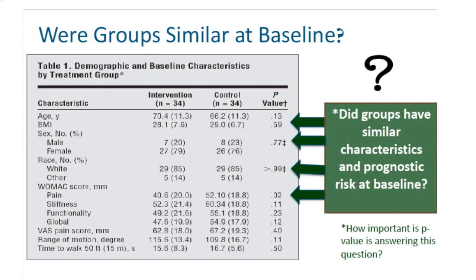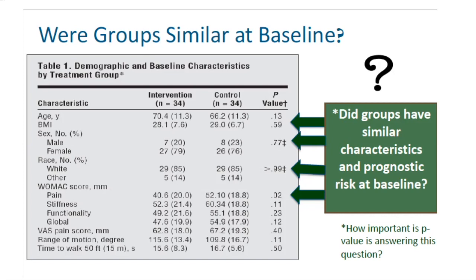But you want to make sure that, let's say you have a group of 10 on one side, the experimental group, and 10 people on the other side. You want to have them pretty equal for gender and age, race, pain scores.